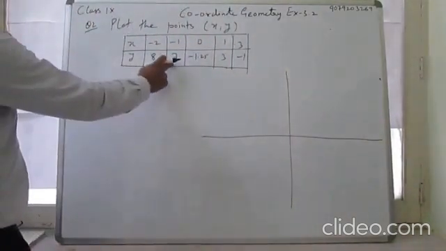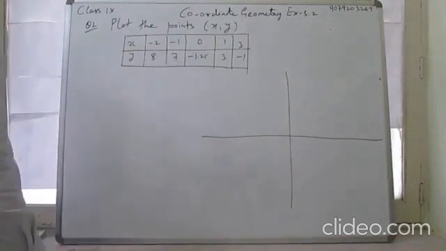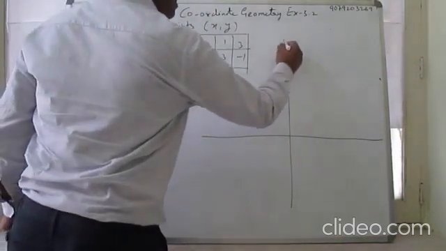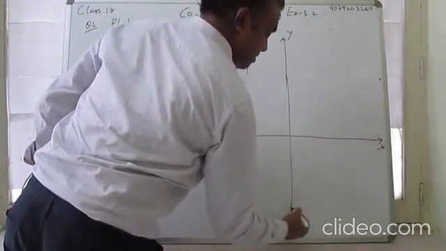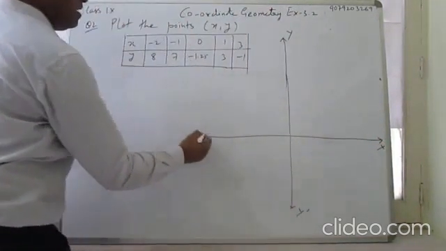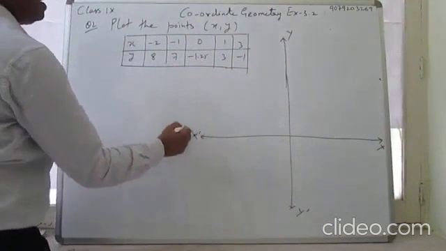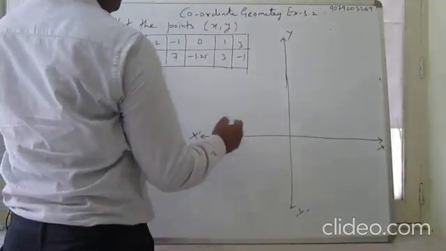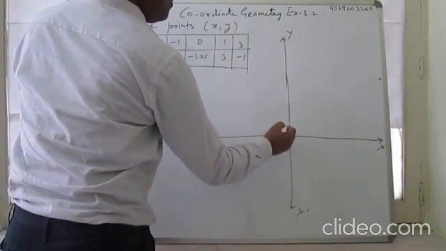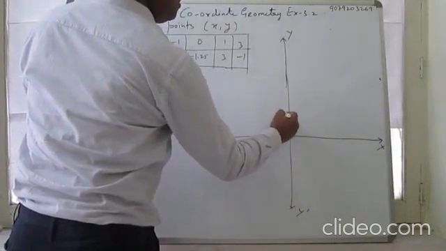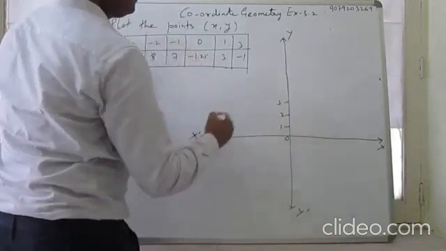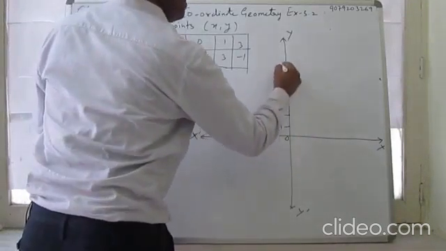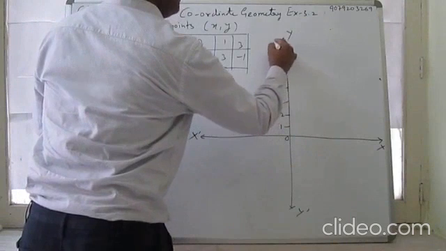On the y-axis we have 7 and 8, so this will take longer. This is the positive y-axis, x-axis, negative y-axis, and negative x-axis. Now this is the intersecting point 0, then 1, 2, 3, 4, 5, 6, 7, 8.